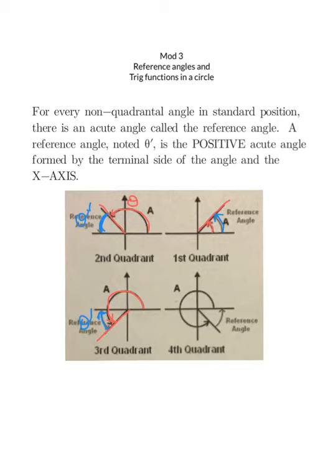And if your original angle ends in the 4th quadrant, there's your theta, and here's your terminal side. Your reference angle is always from the terminal side to the x-axis within that quadrant. So our terminal side to the x-axis in the 4th quadrant is here. So this is theta prime.